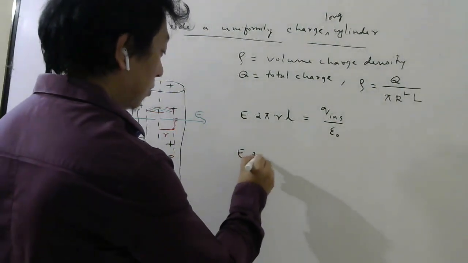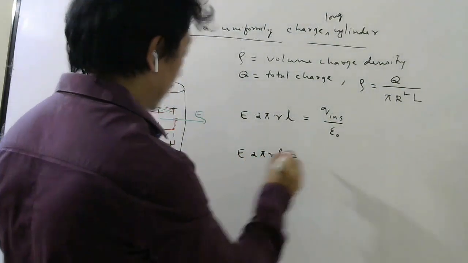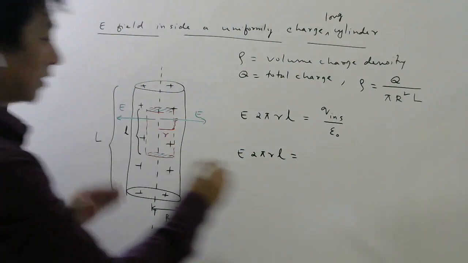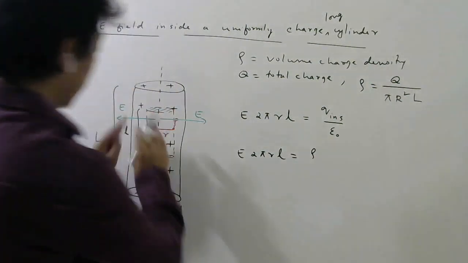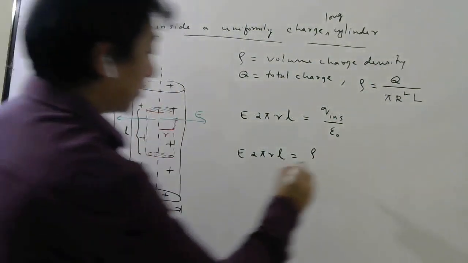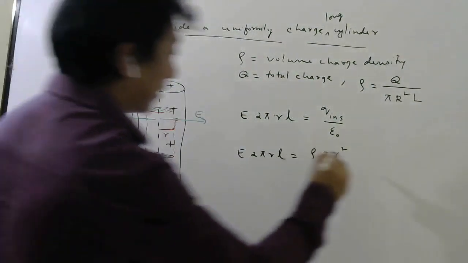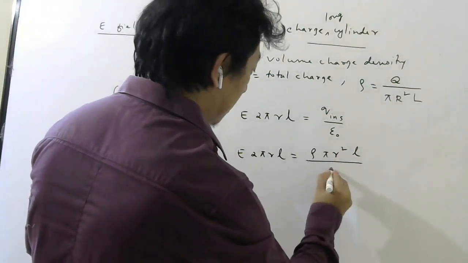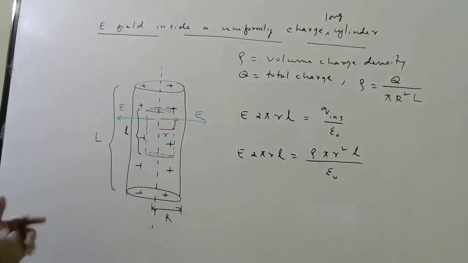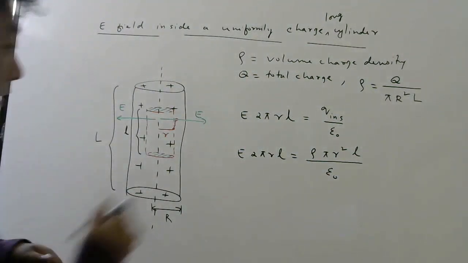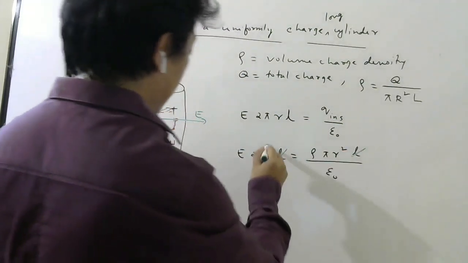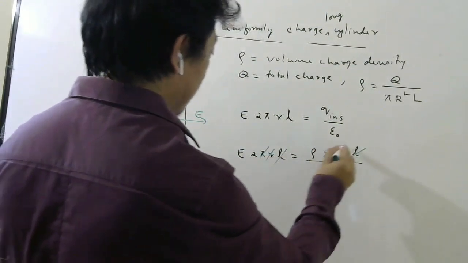So E into 2 pi r L equals the charge inside, which I can write as density into the volume of this part. The volume of this part will be pi small r square into L, divided by epsilon naught. Right? So you can see L will cancel, pi will cancel, one r will cancel.